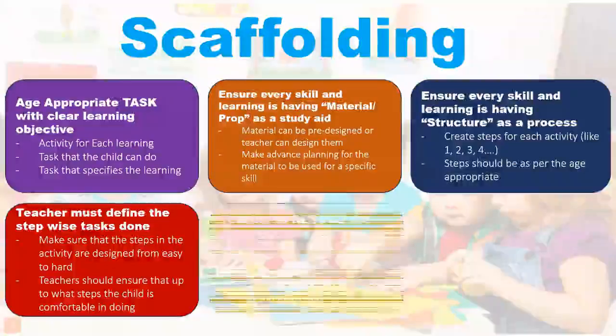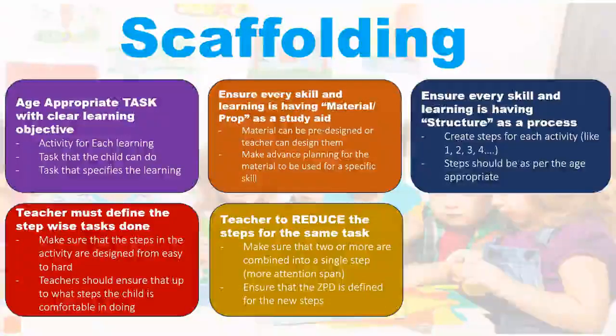That's very important. The next component of scaffolding is the reduction of steps for a particular task. Imagine one task has been distributed into 6 components. The child does the first component, then the second, and gradually all 6 components, so that the child gets a sense of independence. Now, instead of 6 components, the next task for the educator is to make it 3 or 4.